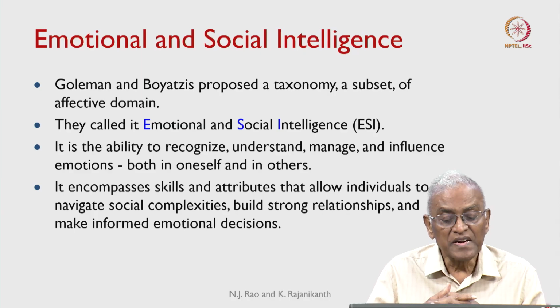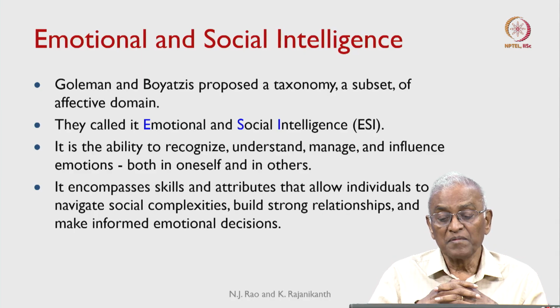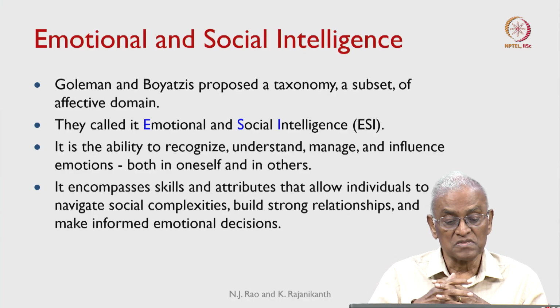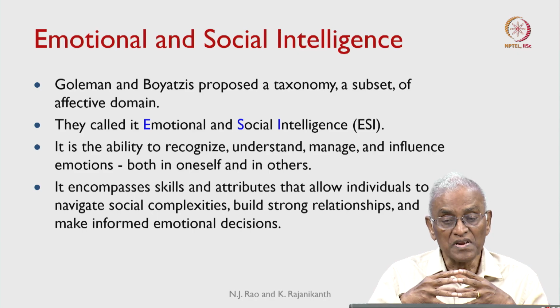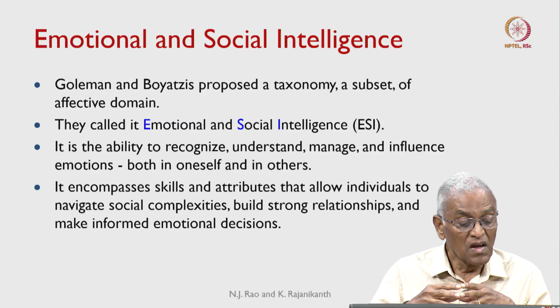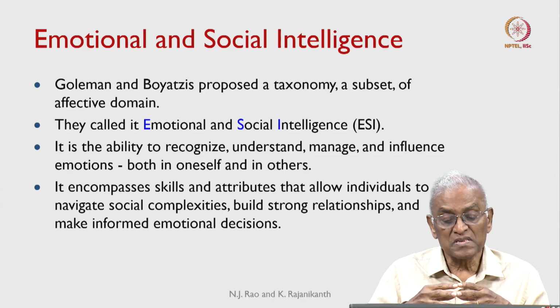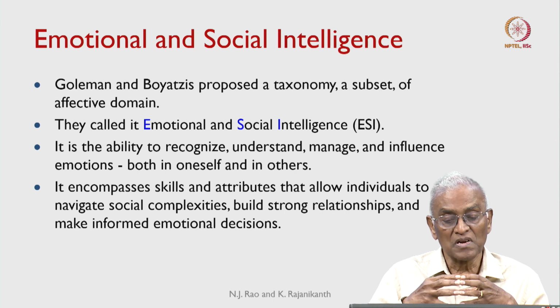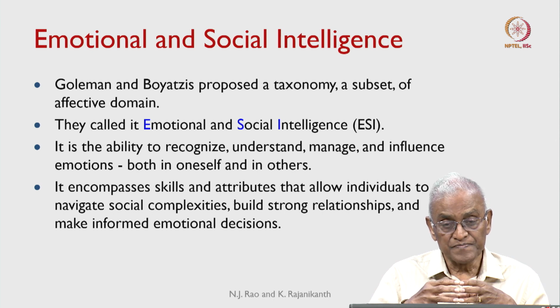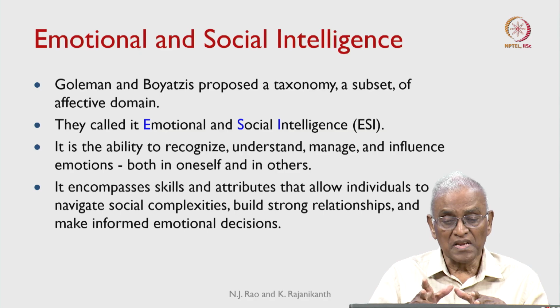It is the ability to recognize, understand, manage and influence emotions both in oneself and in others. It encompasses skills and attributes that allow individuals to navigate social complexities, build strong relationships and make informed emotional decisions. All these factors are equally important in professional life.